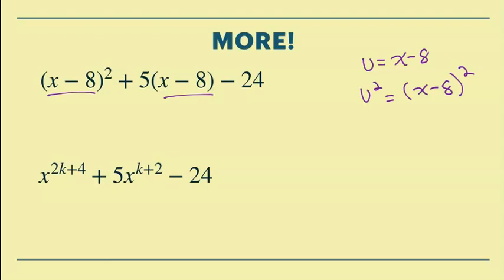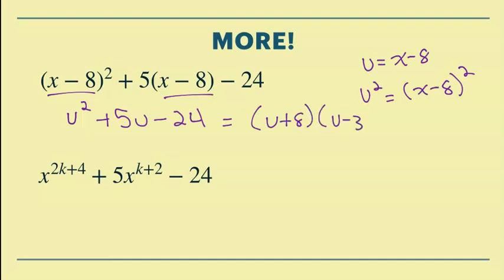So now I'm going to come back here and make my substitution. Instead of x minus 8, I'm going to call that U. So U squared plus 5U minus 24. Well, this is the same trinomial we've been factoring this whole time. So I'm going to factor that into U plus 8, U minus 3.